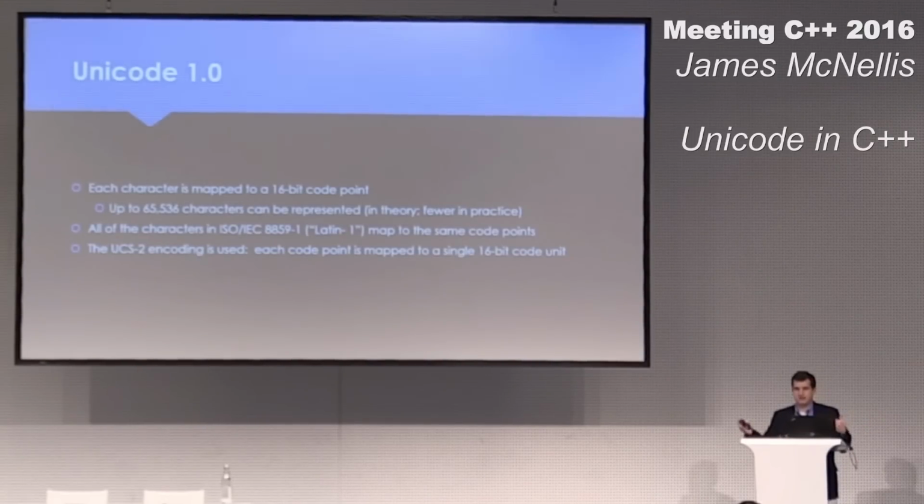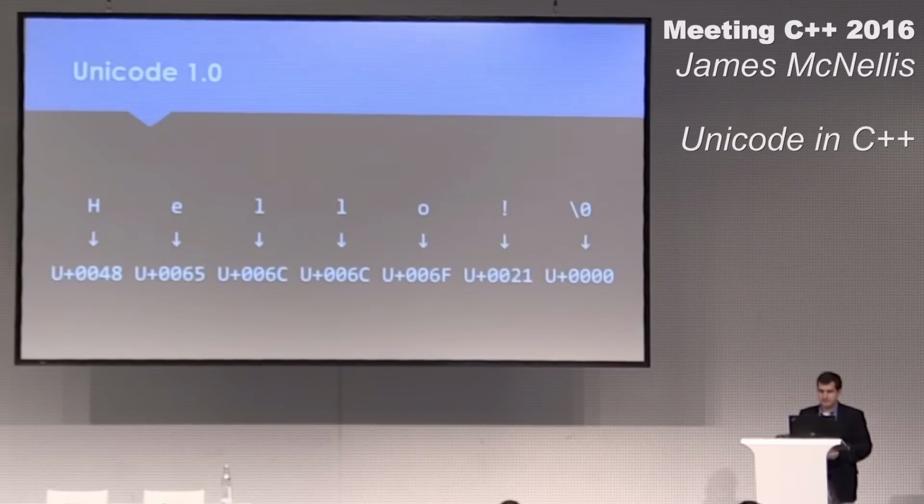So if you have a Latin 1 string and you just convert each of those 8-bit elements into a 16-bit element, you have a string in Unicode that represents the exact same sequence of characters as you had in the Latin 1 string. And the encoding that was used here for Unicode 1.0 is called UCS2, and basically it says that each code point, each character value, is mapped to whatever its value is in 16 bits.